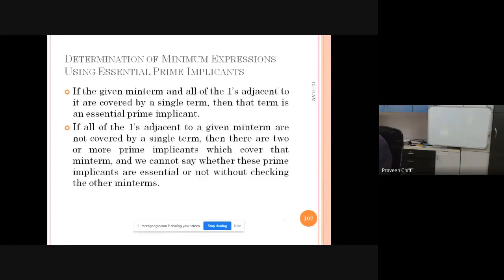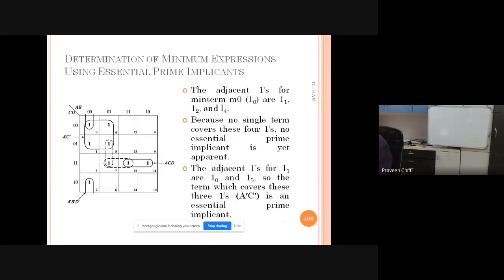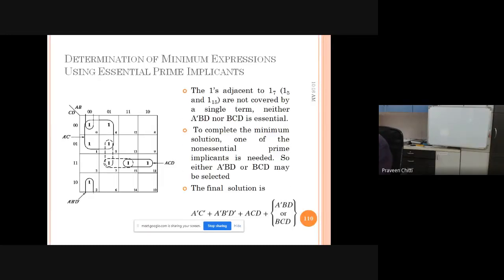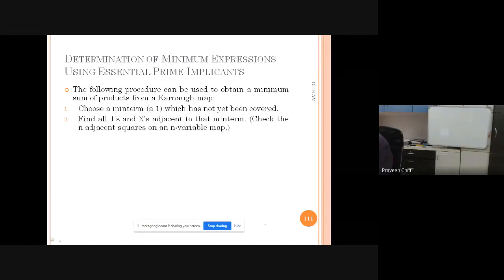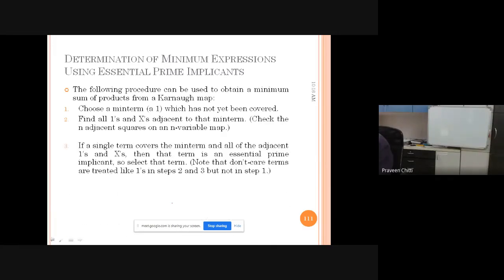Determination of minimum SOP using essential prime implicants. The same procedure we have used, you should do. Choose a min-term one which has not yet been covered. The grouping is explained step by step here. Find all ones and x adjacent to that min-term, checking n adjacent squares on an n variable map.